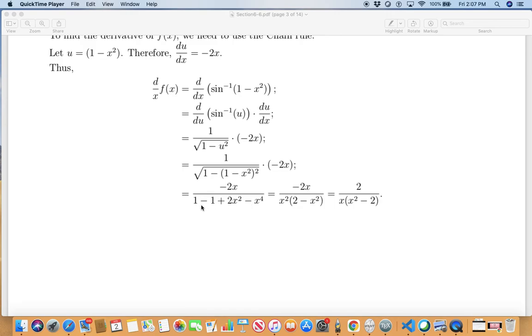So 1 cancels the 1. What I'm left with is x squared common, 2 minus x squared here. And the numerator is a negative 2x. So one of the x's cancels the x, and I'm left with negative 2, but that negative, I flip this and you have x squared minus 2. So the final answer is 2 by x times the square root of x squared minus 2.